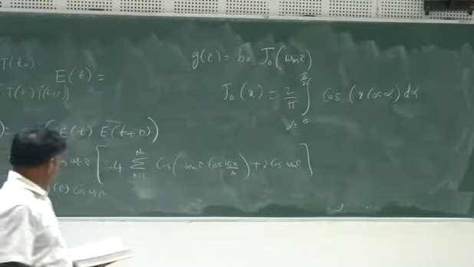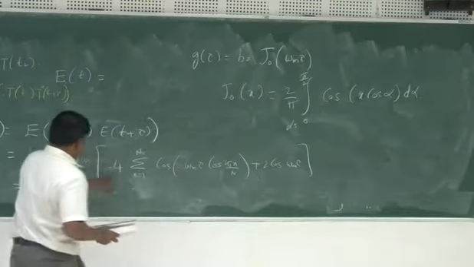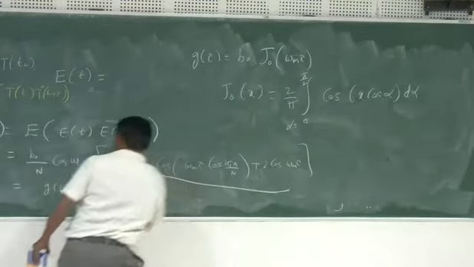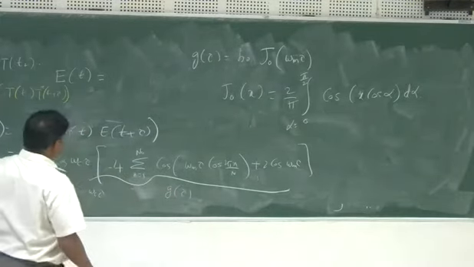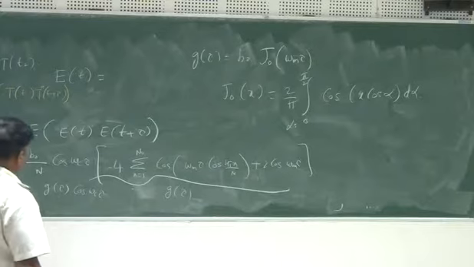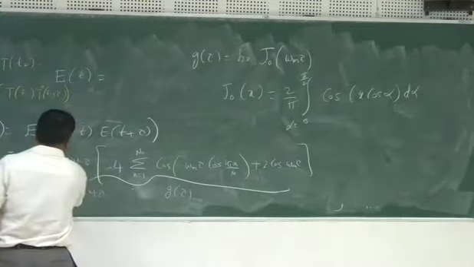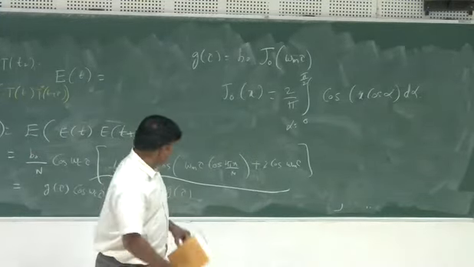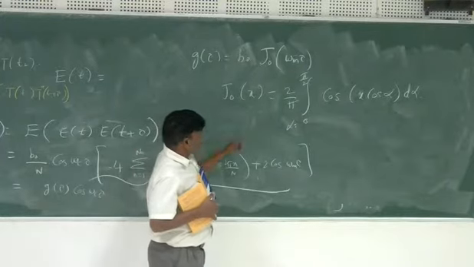How do we get this then? Well, this is what we have, and this together with this part is g of tau. But it doesn't look like a Bessel function, does it? Well, this is a sum of some waves, and this is not quite in that form.